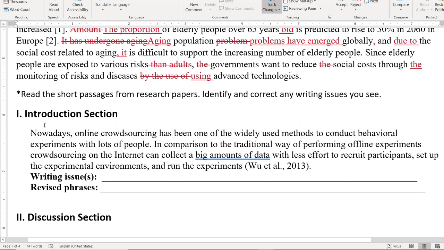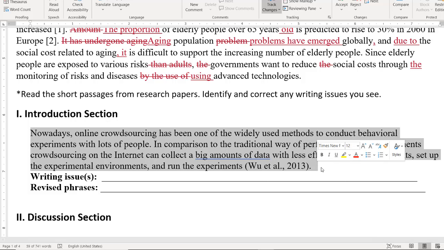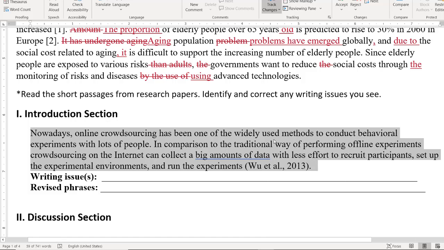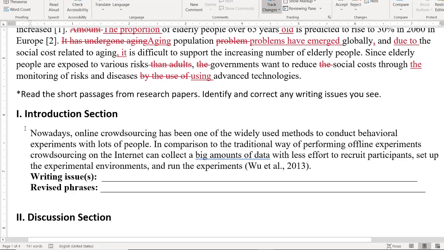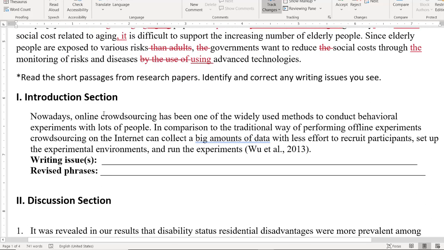So let's just go first to the introduction section, this here. And I want to give you about 1.5 minutes or 2 minutes and see how you can edit this one. And if you can, try to write down any writing issues you can find, and any phrases you need to rewrite, you can write them here. And you can cross out the words and write in new words, whatever you need to do to edit in this, such as this paragraph.